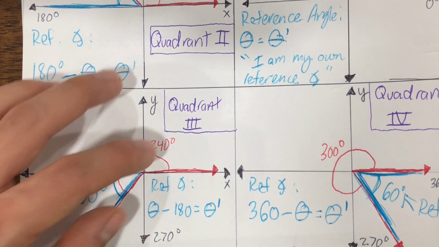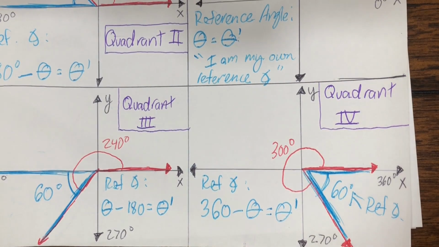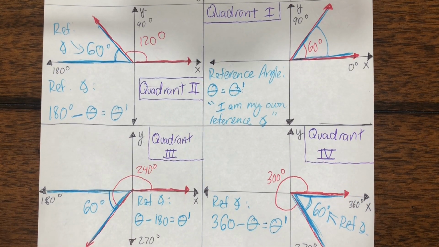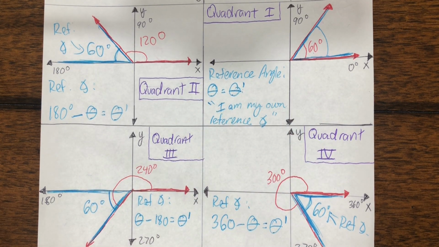And in the fourth quadrant, we take 360 and subtract the given angle measurement. So we took a look at finding a reference angle in each quadrant. Luckily, in the examples that we looked at, the reference angles were the same, which was 60 degrees.